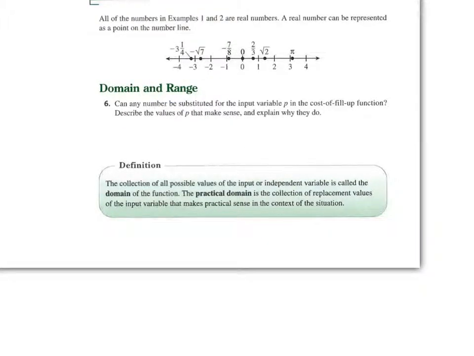Okay, so domain. The directions ask, can any number be substituted for the input for cost of fill up? Okay, so technically yes, we could use any single number that we wanted, but not everything would make sense.